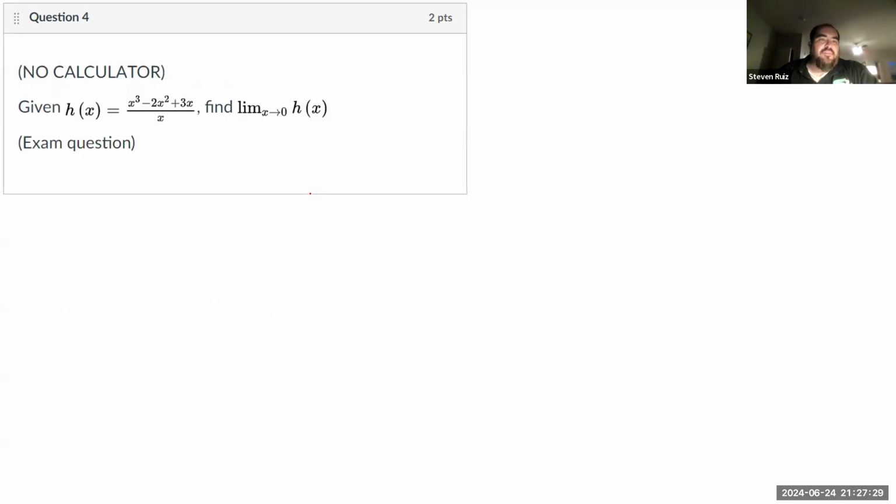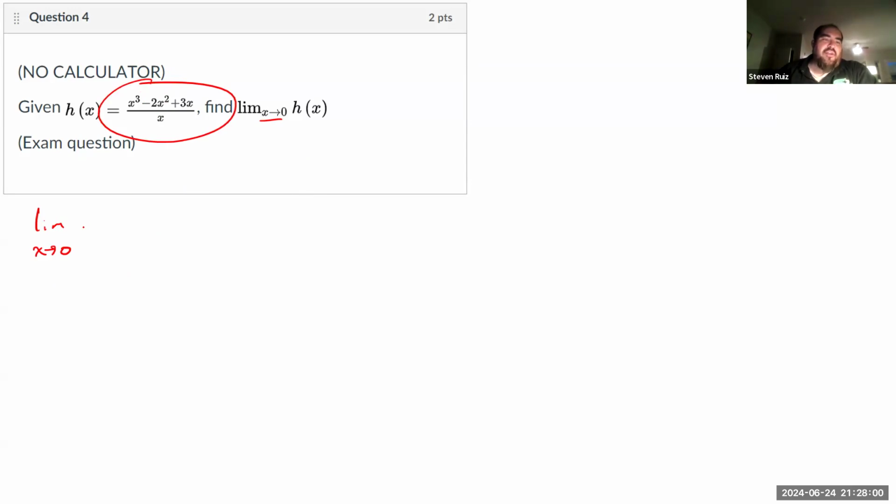Next, question 4. So given this, we want to find this limit. It's tempting to plug in 0 for x, and you might even try to do that and realize that this just does not work. But that doesn't mean the limit doesn't exist. In fact, if we look at the limit of this function as x approaches 0, let's take the expression we're given and do some simplification.